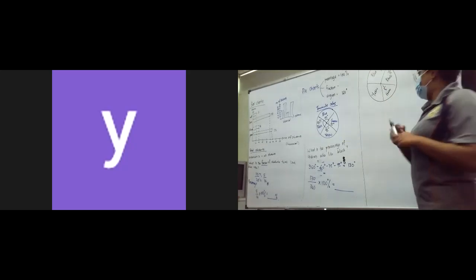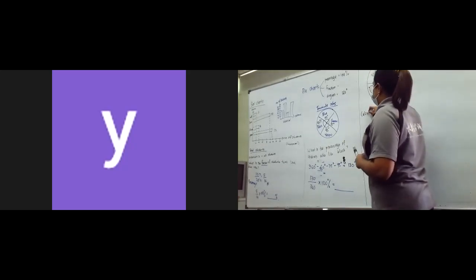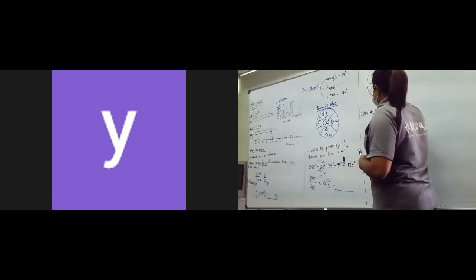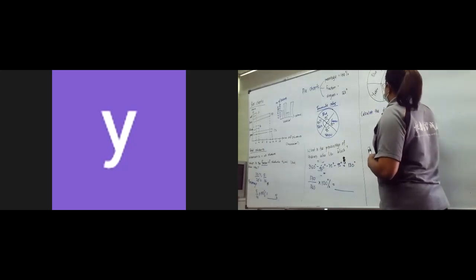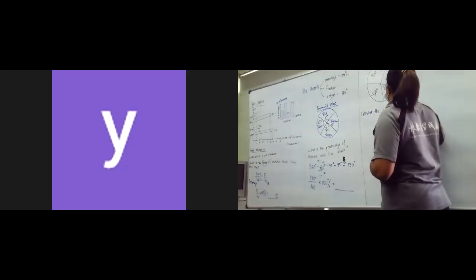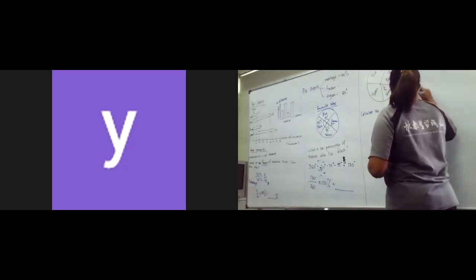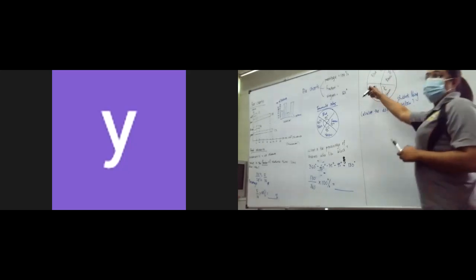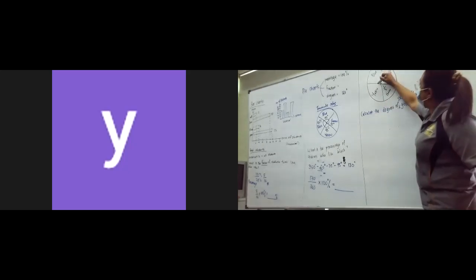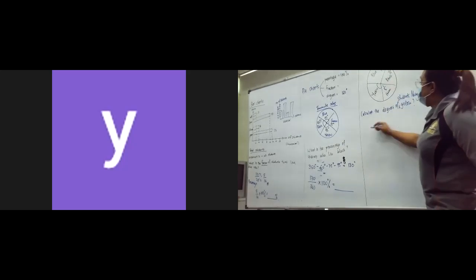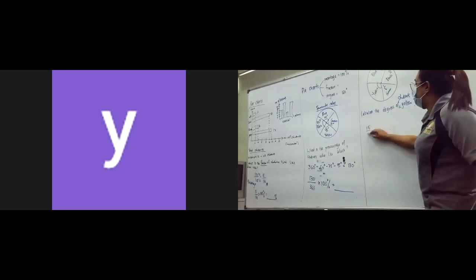Now they ask you to calculate degrees of students liking yellow. So you find this fraction first. Basically, total fraction is 1, which is 15 over 15, correct?